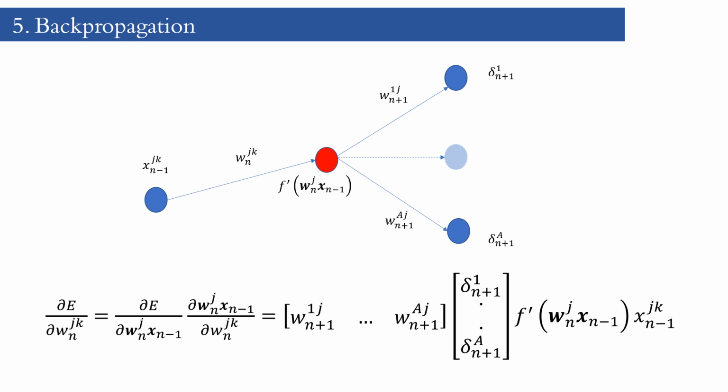We saw that this derivative depends on a variable delta n plus 1, which can be regarded as the component of the error propagating backwards from the next layer. If we consider layer n plus 1, we can show that delta n plus 1 depends on delta n plus 2 and so forth.